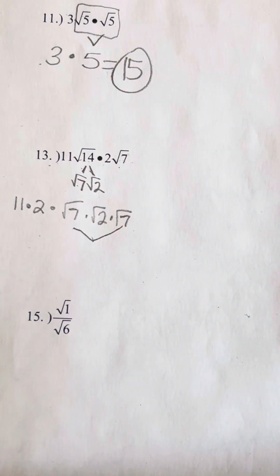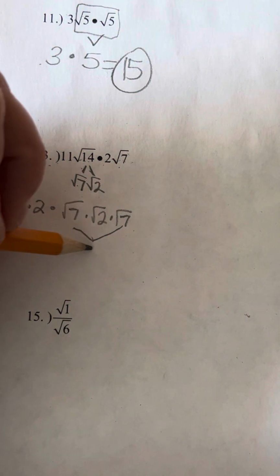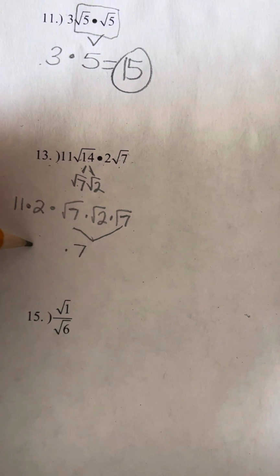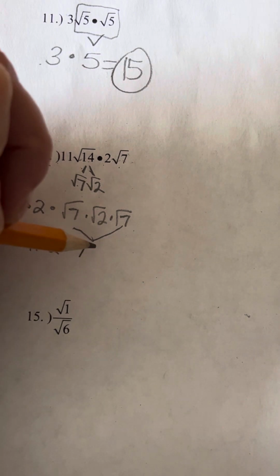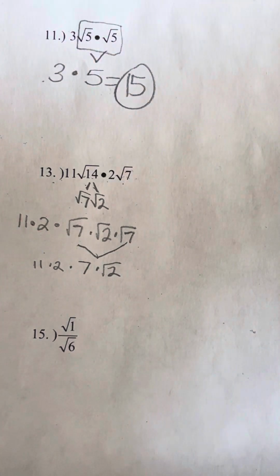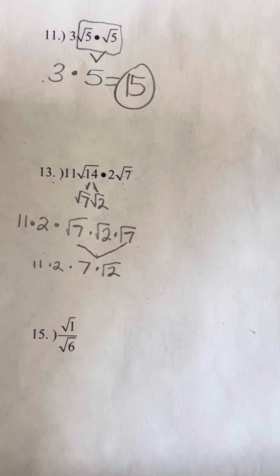So you're going to have 7 square rooted times 7 square rooted again. And so when you do that, you're going to end up simplifying it down to just 7. So now you're going to have 11 times 2 times 7 times the square root of 2. Now the square root of 2 is a simplified version. I can't do anything more with that root.